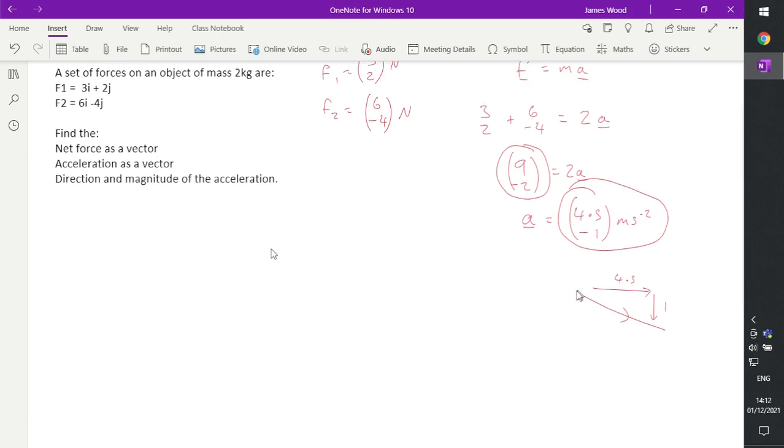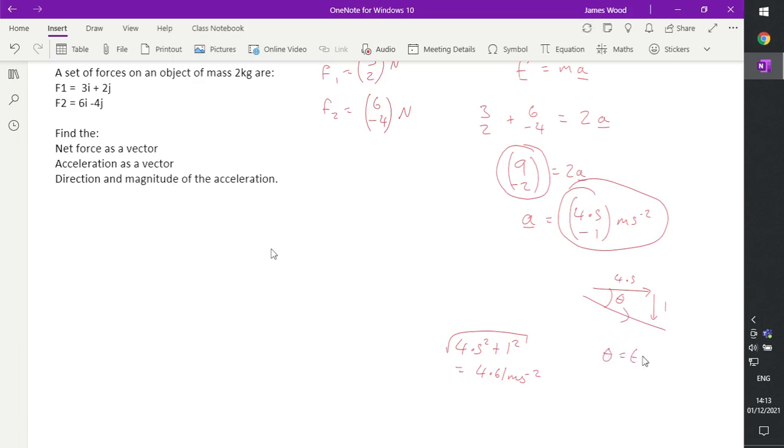The magnitude is going to be the length of this line here. So that'd be 4.5 squared plus 1 squared, square rooted. Let's just see what that is. So it gives me about 4.61 meters per second squared. And the angle, I'm going to put the angle in there.